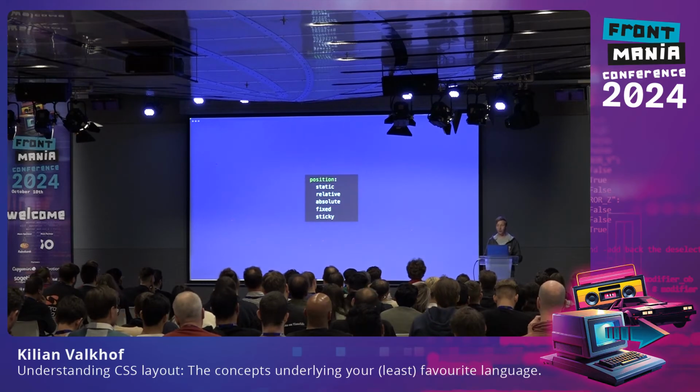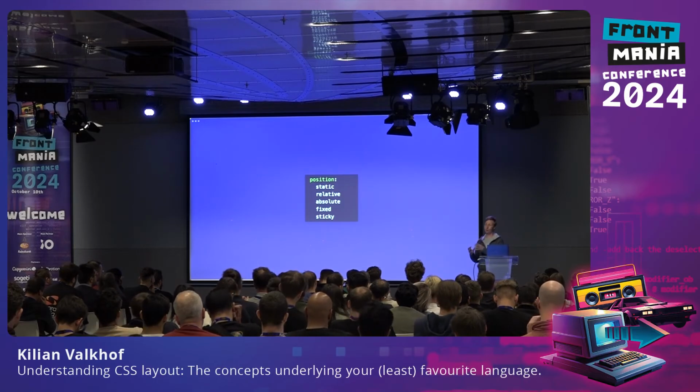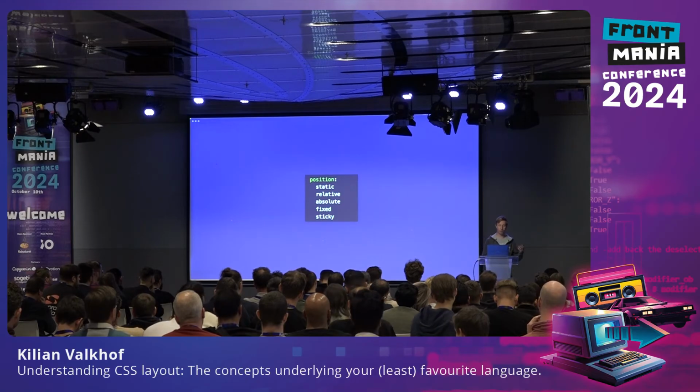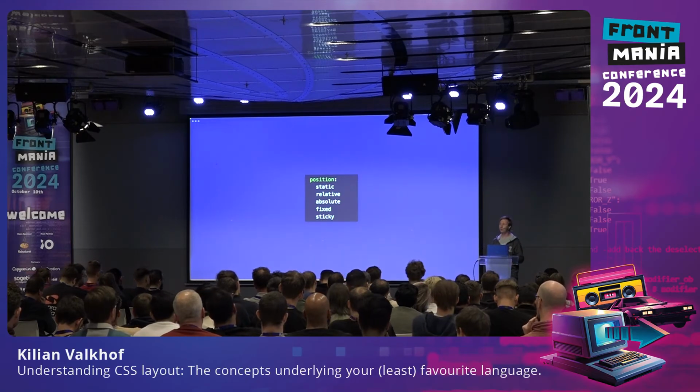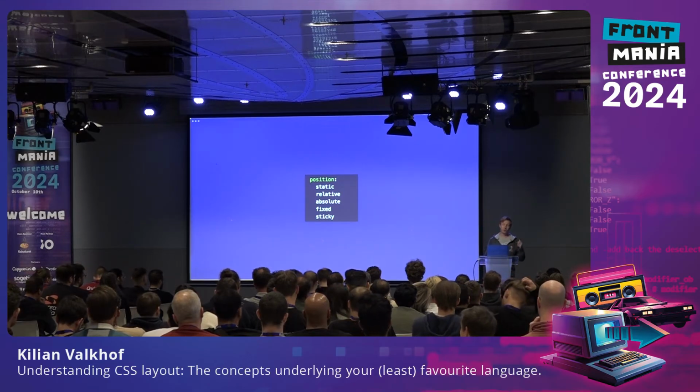So with positioning, we can tell the browser how to place an element, either in relation to its calculated position in normal flow, or we can explicitly take it out of normal flow. And positioning is also where the third dimension is added into CSS. The Z index doesn't exist in normal flow.